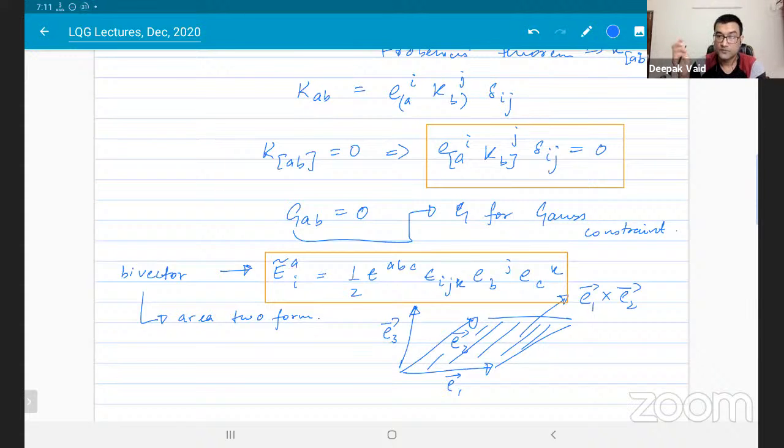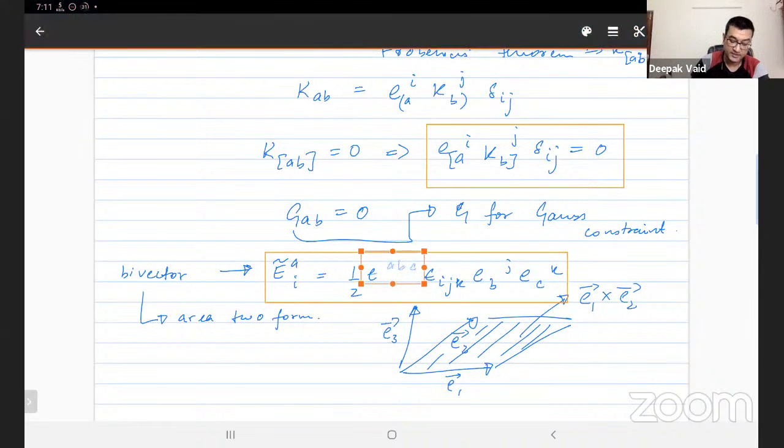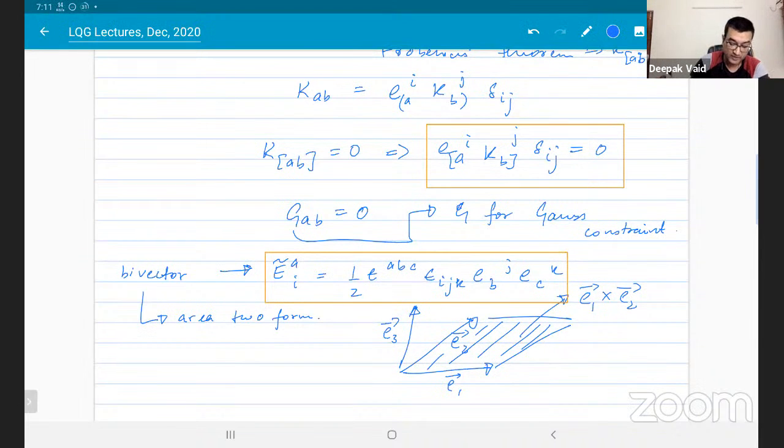Okay. So if you are in higher dimensions, then in that case, you would have another index in this epsilon, and you would have another index in this epsilon also.